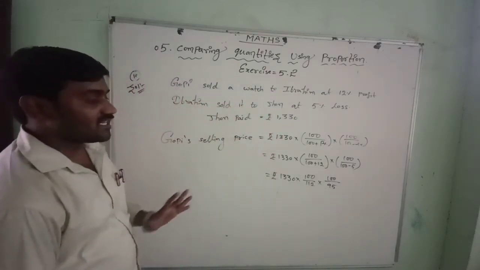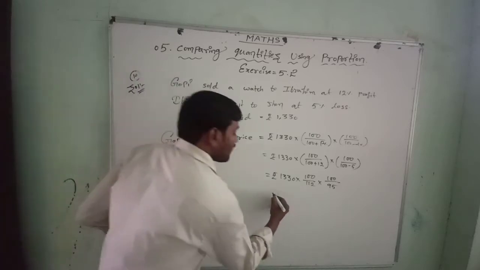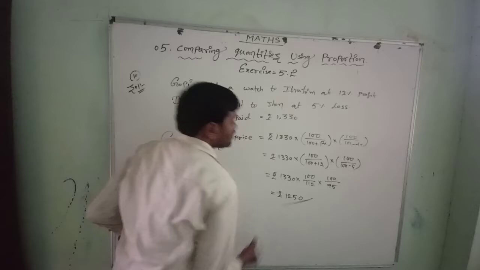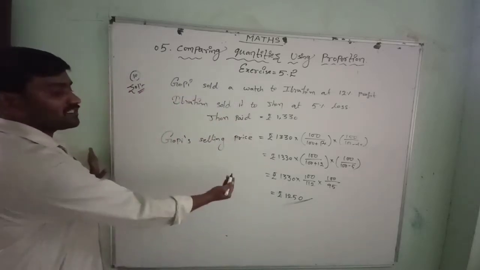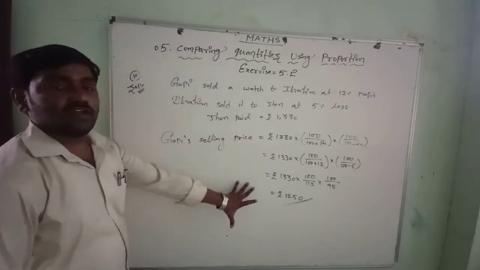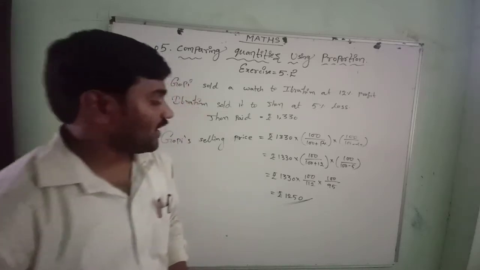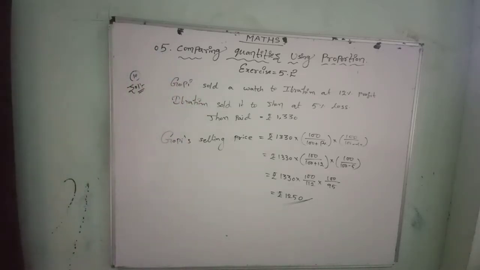Then by cancelling all this, you will get 1250 rupees. That means Gopi's selling price is 1250 rupees. This will be the actual selling price of Gopi.